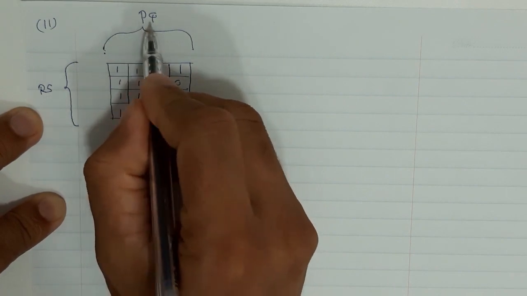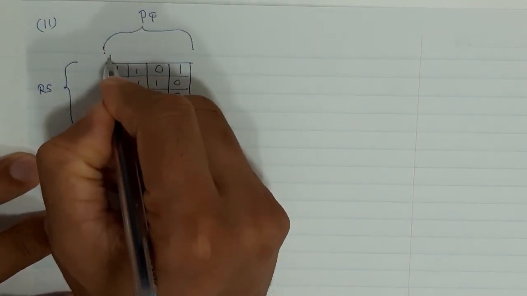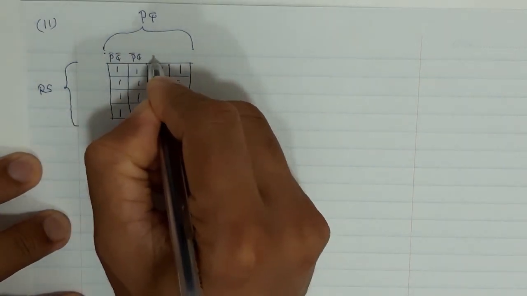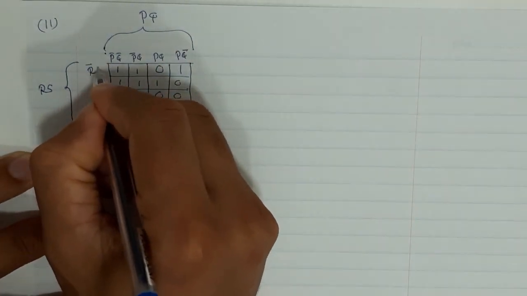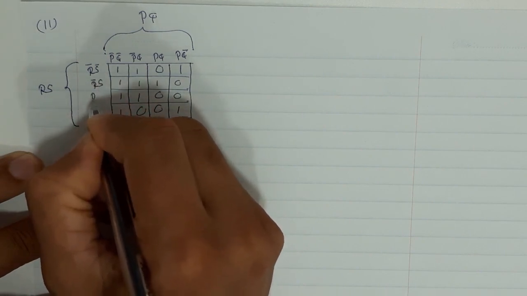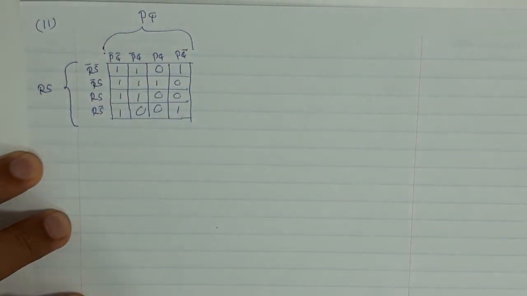That means P and Q are the variables used on this side. So our labeling will be P bar Q bar, P bar Q, PQ and PQ bar. On this side, it goes R bar S bar, R bar S, RS and RS bar. I think this is the difficult part.